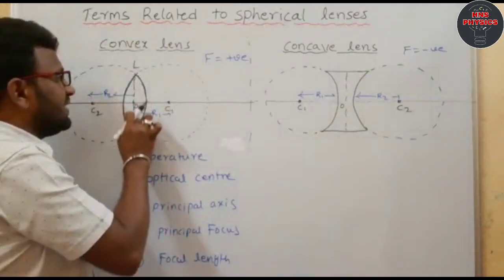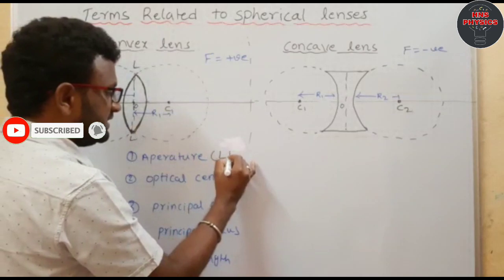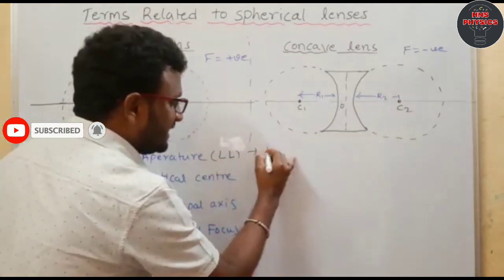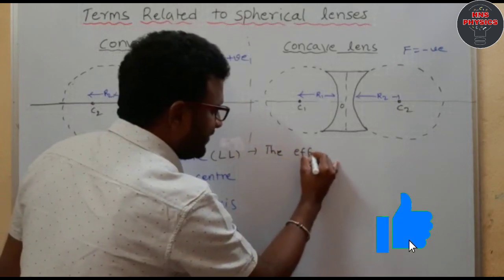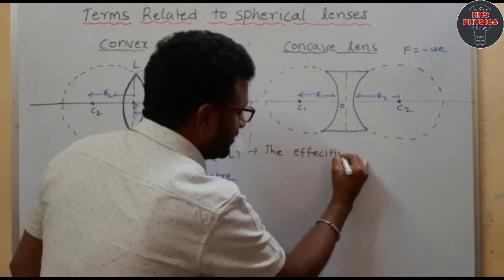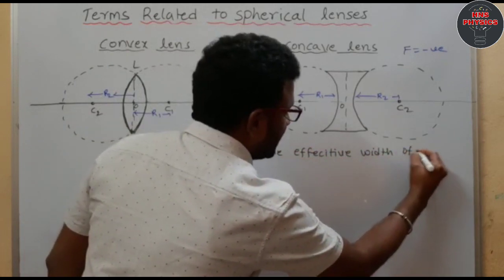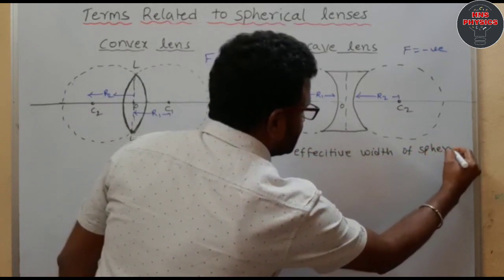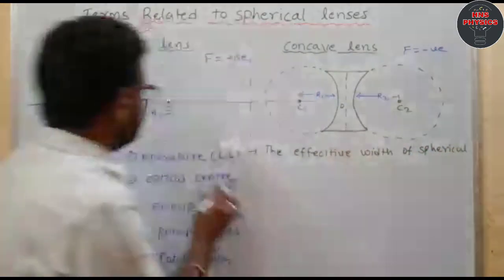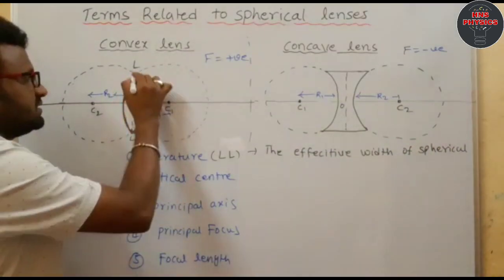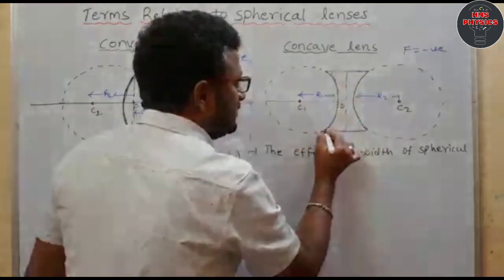It is denoted by L. Here I am writing: the effective width of a spherical lens, whether it is a convex lens or a concave lens. This is the effective width here, and this one is also the effective width.